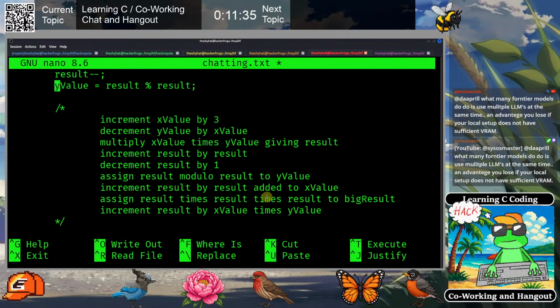And what's the next one? Increment result by result added to X value. So it's result plus equals result plus X value.